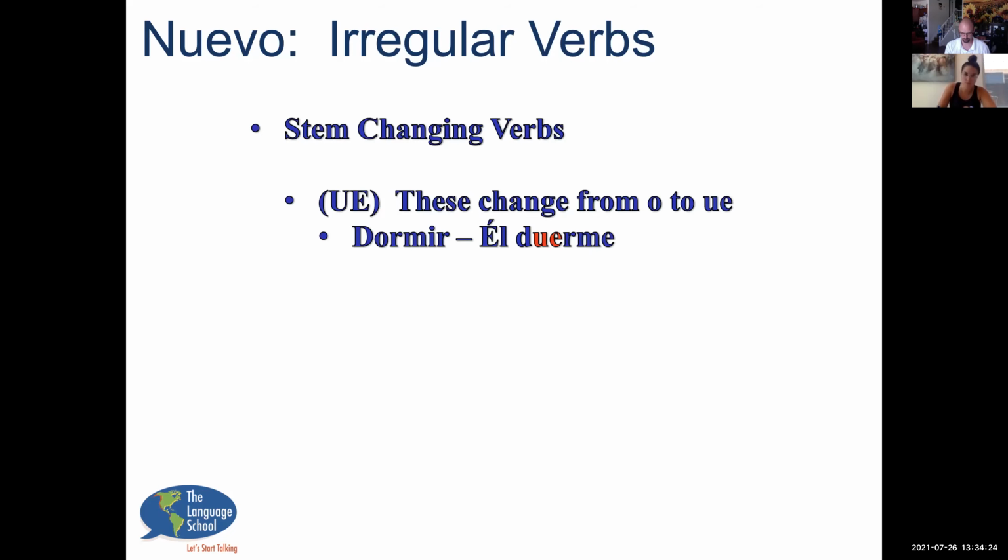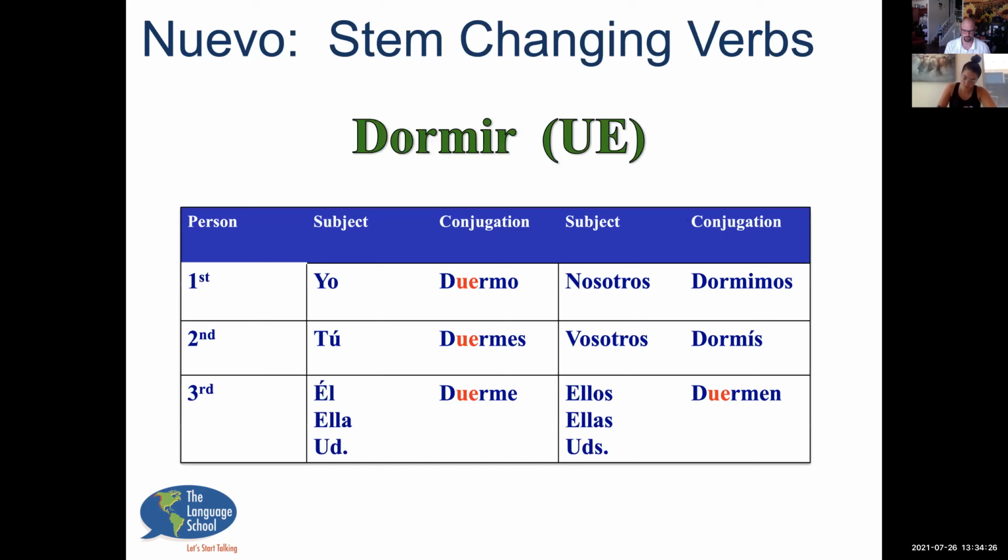So why don't you go through this verb conjugation for me? Yo duermo, tú duermes, él, ella, usted duerme, nosotros dormimos, ellos, ellas, ustedes duermen. Muy bien.